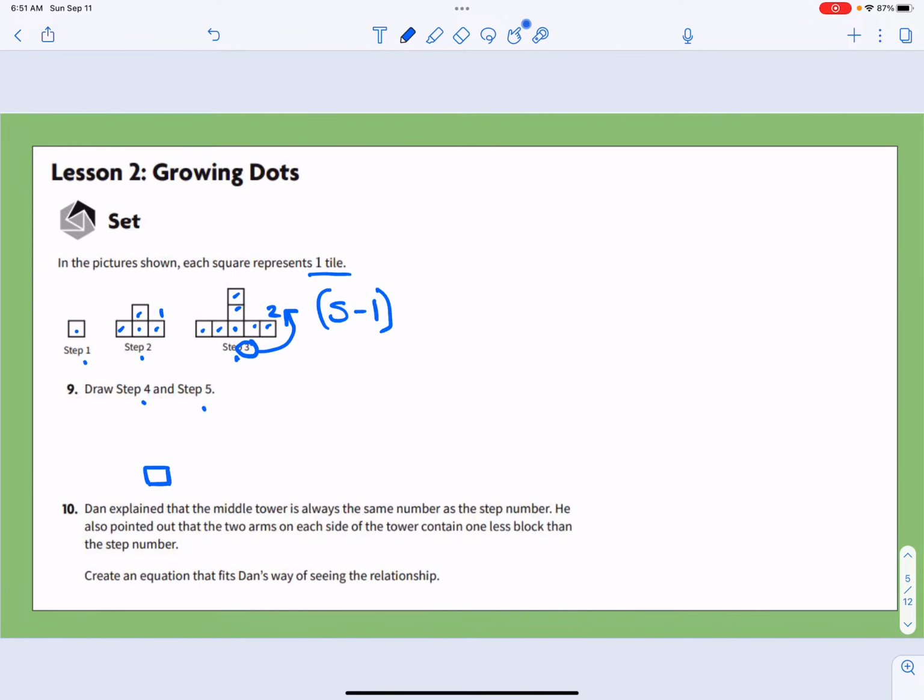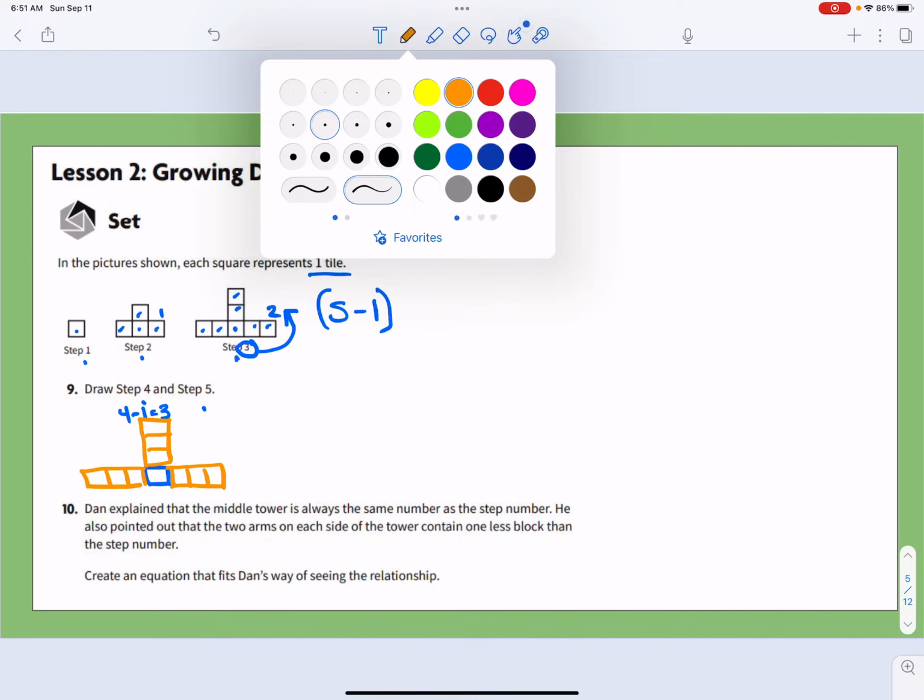So if my step here is 4, it's going to be 4 minus 1, which is 3. I should expect to see 3 squares around it. I'll make a different color here, just the way I'm seeing it. So there's 3, 3, 3. Does that work? Yeah. So that's step number 4.